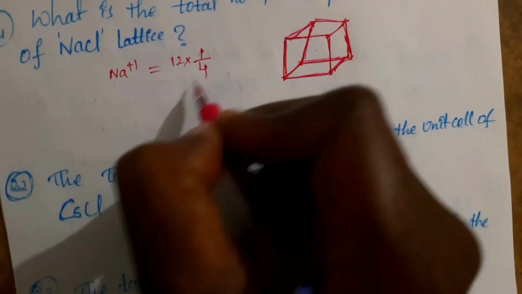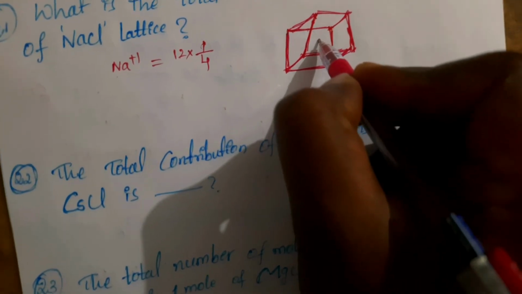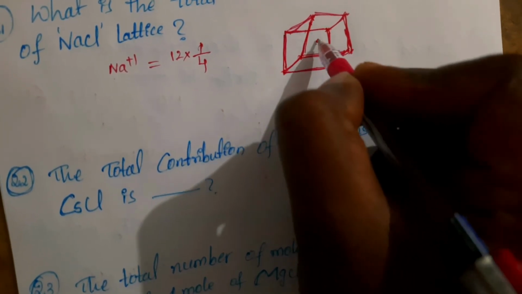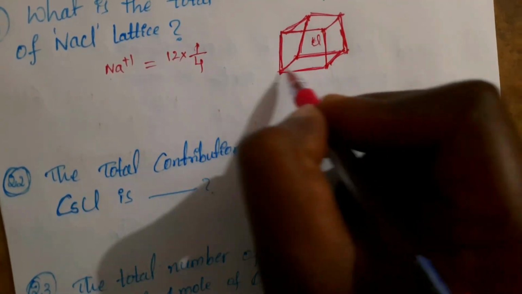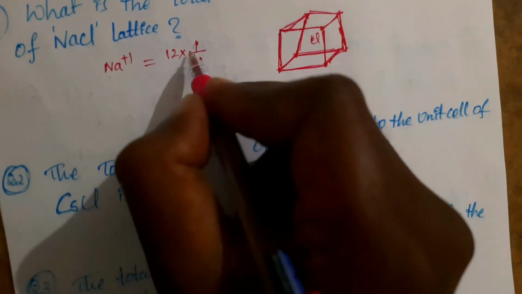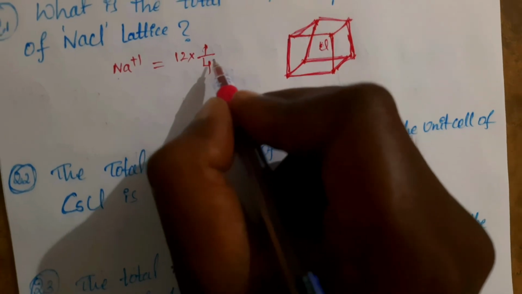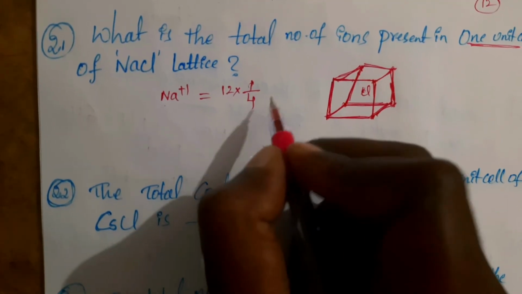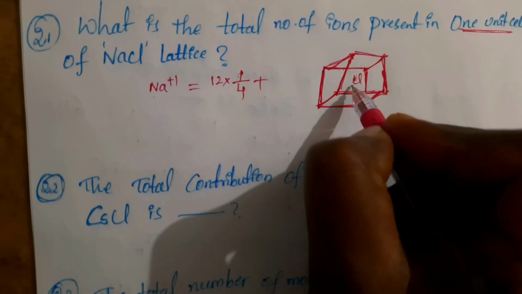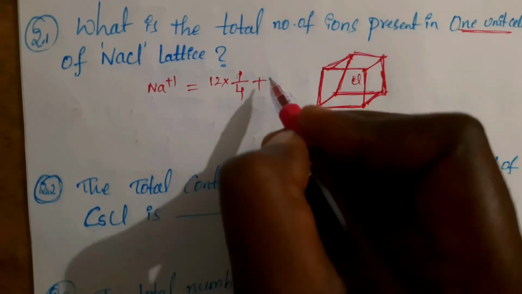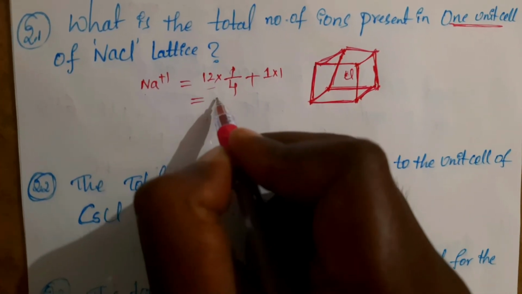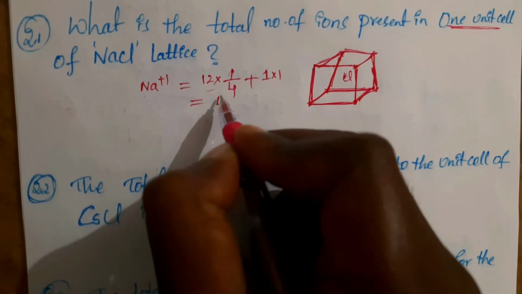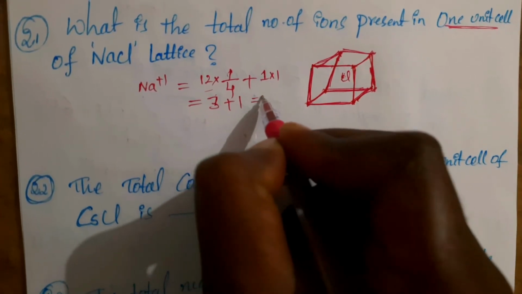That is 12 into 1 by 4. And the center will have 1 sodium ion, which belongs only to that body, that is 1 into 1. So the number of sodium ions here is 3 plus 1, that is 4 sodium ions.